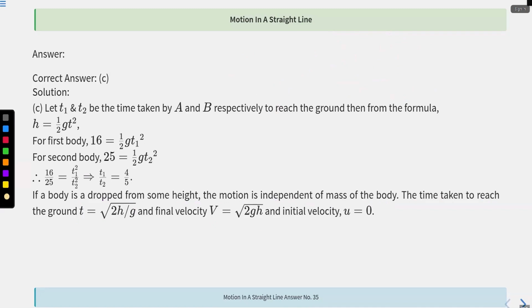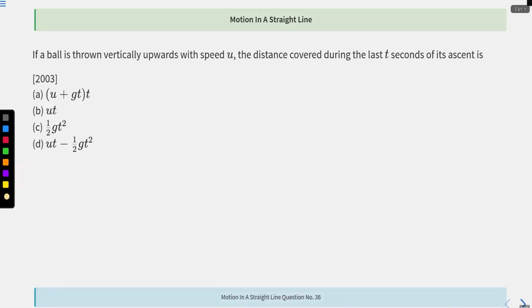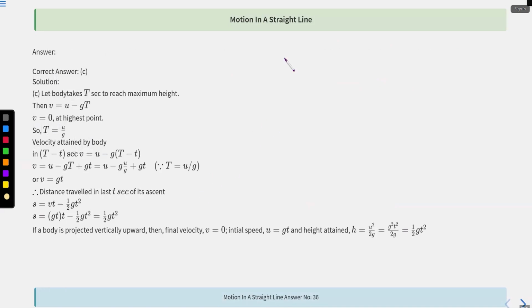Let's move further. If a ball is thrown upwards with a speed u, find the distance covered during the last t seconds of its ascent. Time of ascent is basically T equals u by g.